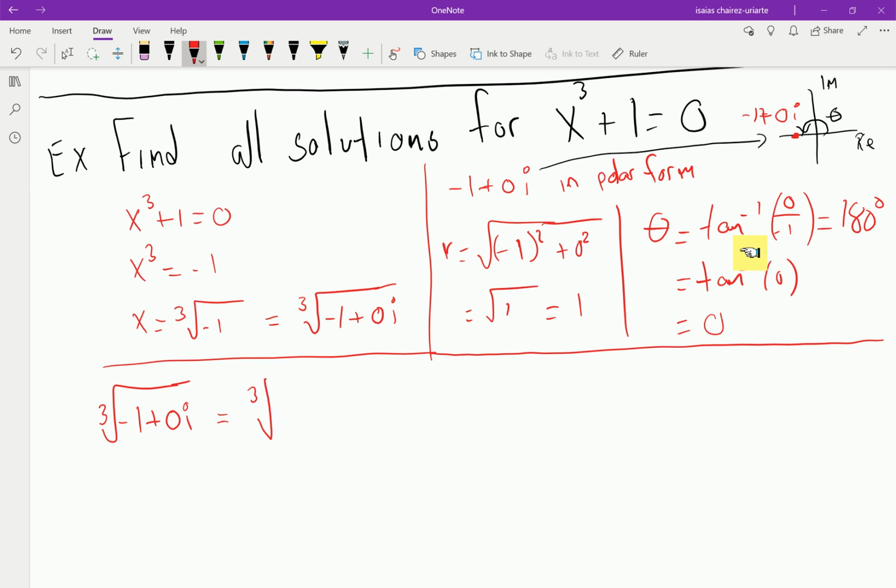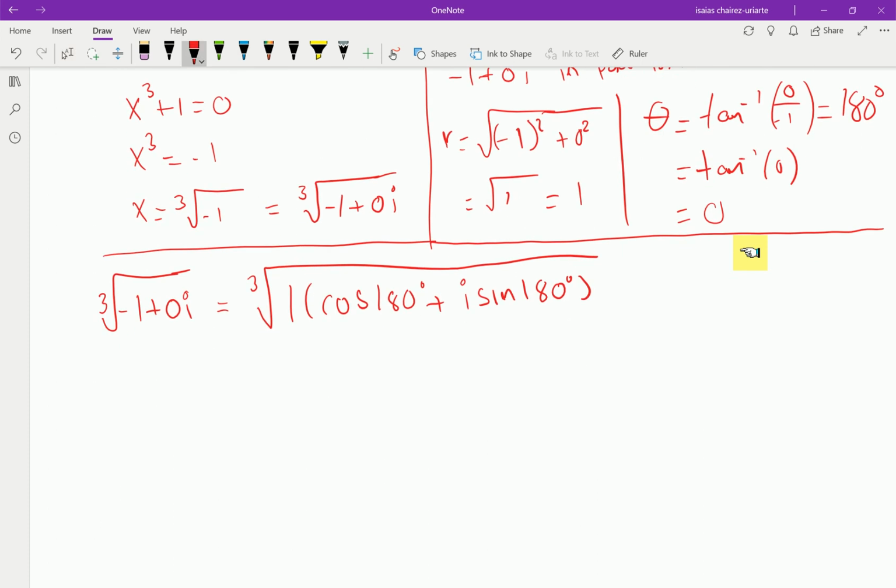That's the same thing as the cubic root of 1 times cosine of 180 plus i sine of 180. Now I have to use DeMoivre's theorem.